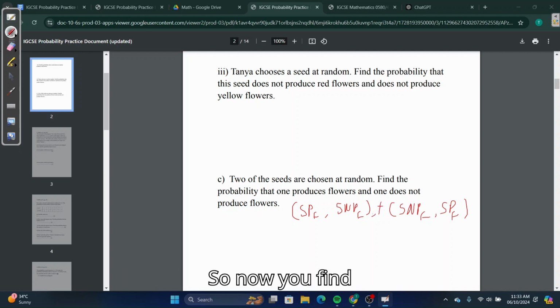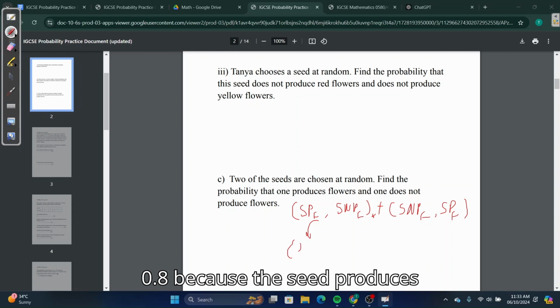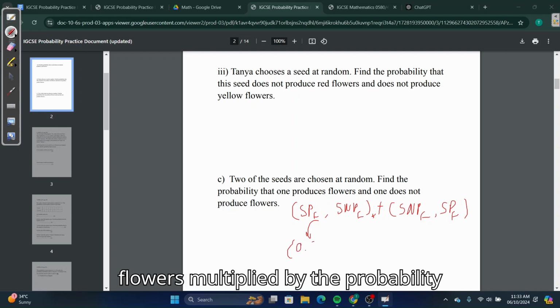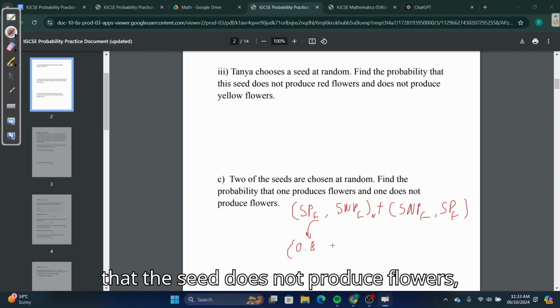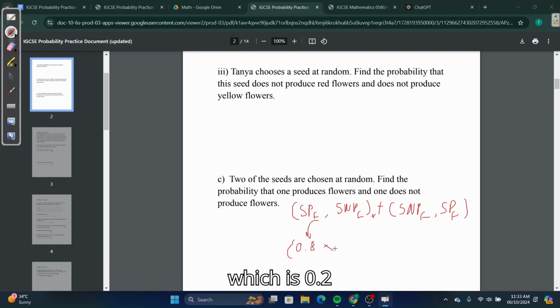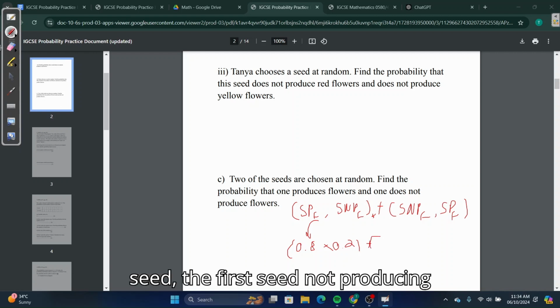So now you find the probability of this, which is SPF. SPF was 0.8 because the seed produces flowers, multiplied by the probability that the seed does not produce flowers, which is 0.2, plus the probability of the first seed not producing flowers.